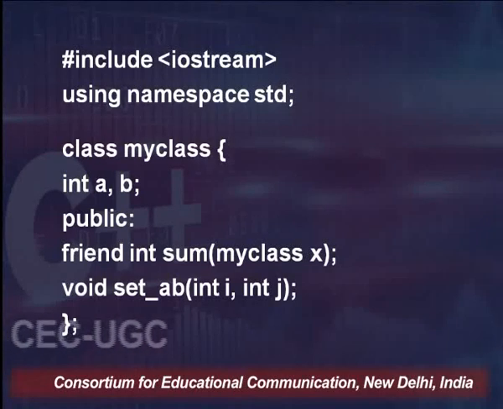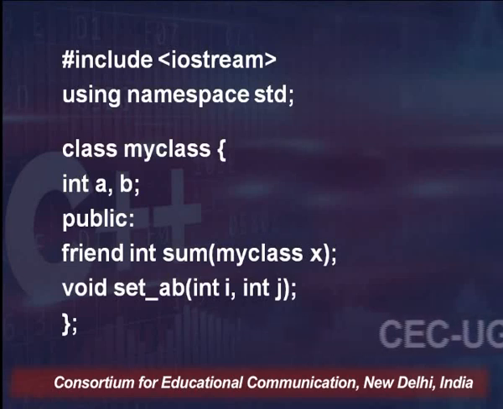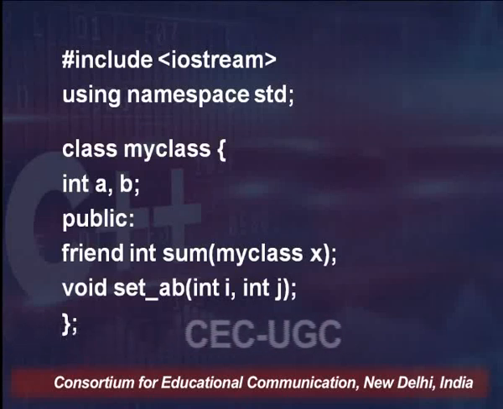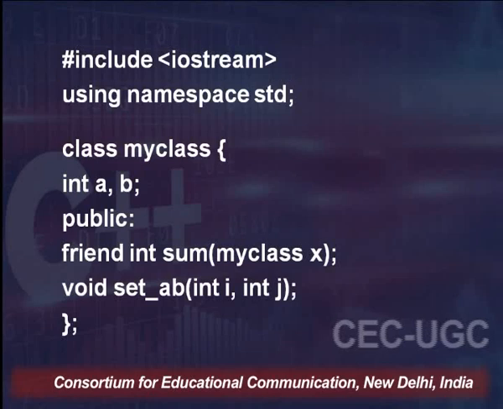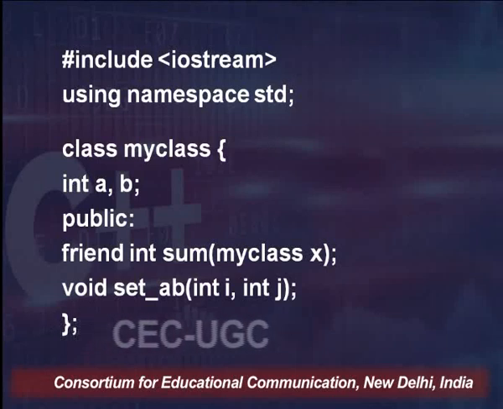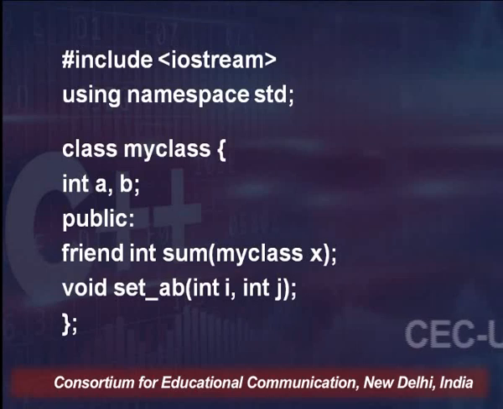What is passed as a parameter is the object of that particular class, and to make sure the compiler does not get confused whether this sum function is a member function or a non-member function, we add the keyword friend before the prototype of the sum function.